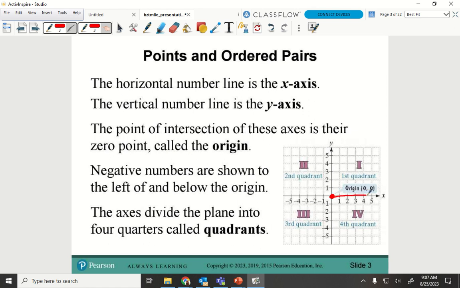Now, to the right on the X axis are all positive numbers. Left is negative.